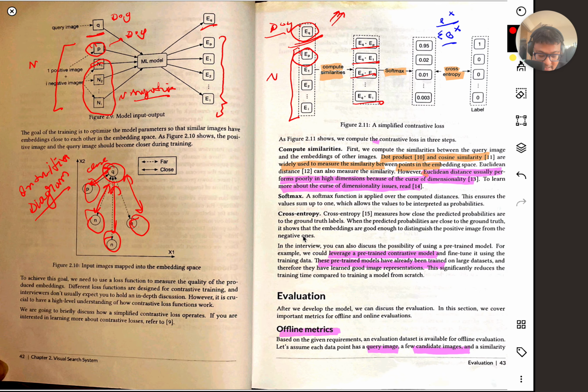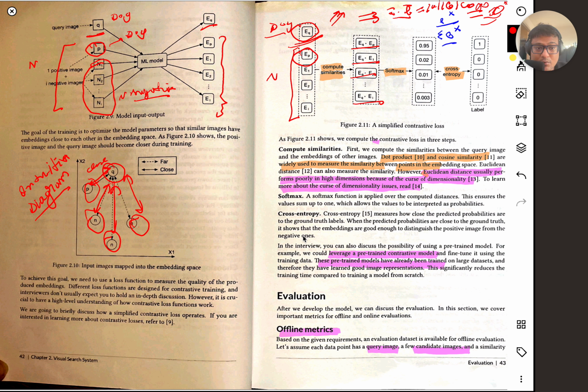If you have two vectors and you want them to be similar, then vector A dot B is equal to mod A mod B cos theta, and cos 90 becomes 0. So you can see that the dot product is 0.